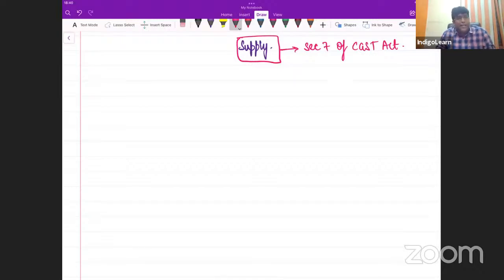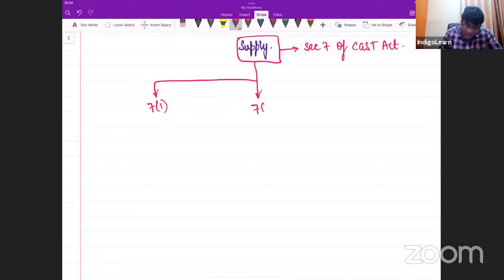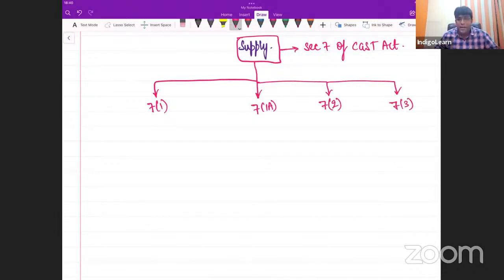Now, when I talk about the concept of supply dealt with by Section 7, we divide this Section 7 into 7.1, 7.1a, 7.2, 7.3. One after the other we'll discuss, because this will take some time and it's important also, so we can't take a chance. We have to listen very clearly and carefully.